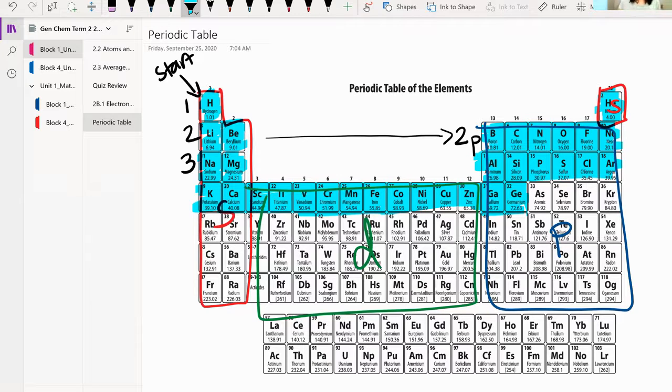All right, so follow with me. We got to start with number 1. 1s, and I count 1, 2 electrons can fit. The first row is full.